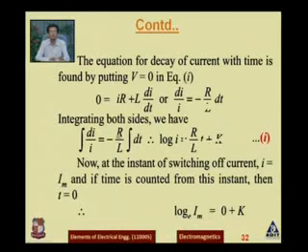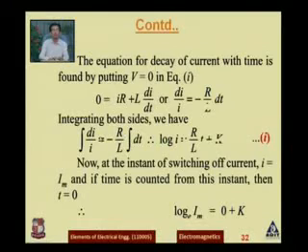Let us integrate both sides. What value will we get? On the left hand side it will be the integration of di by I, and on the right hand side it will be minus R by L times the integration of dt.